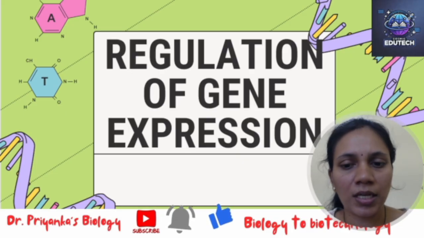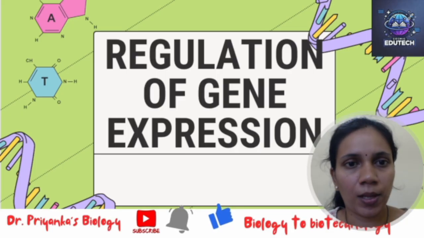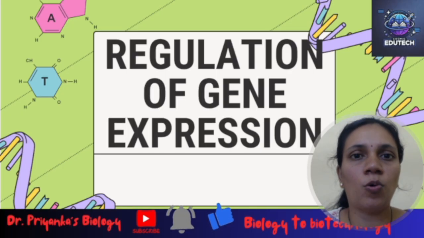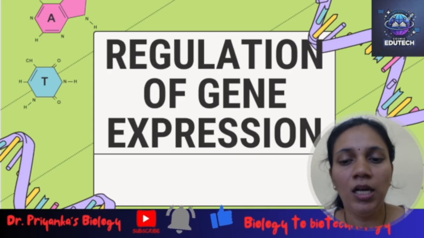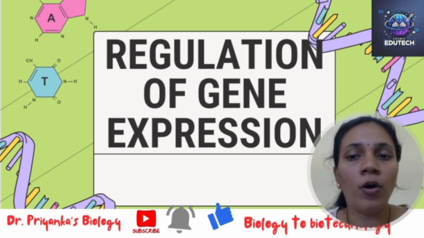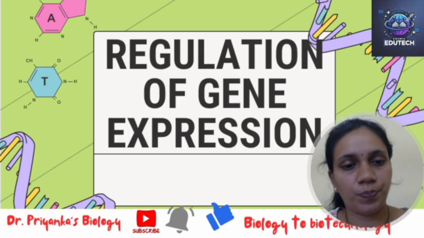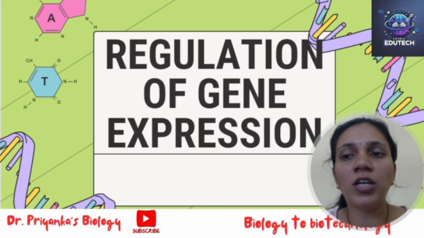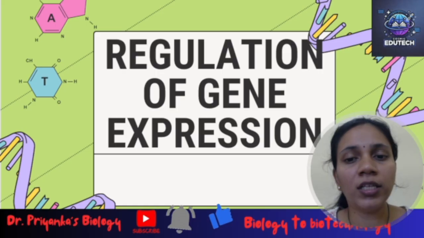That means some mechanism is controlling the entire process. Now this entire process, whatever is trying to regulate or put things in order, is nothing but regulation of gene expression.